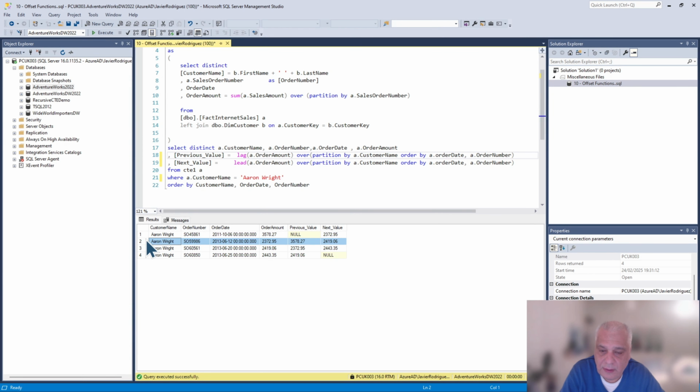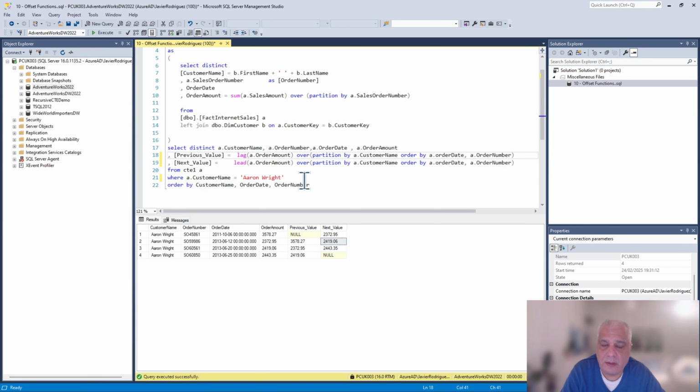For this order, the previous value is 3,578, and the next value will be 2,419. So basically, this function follows the same structure as the previous one.